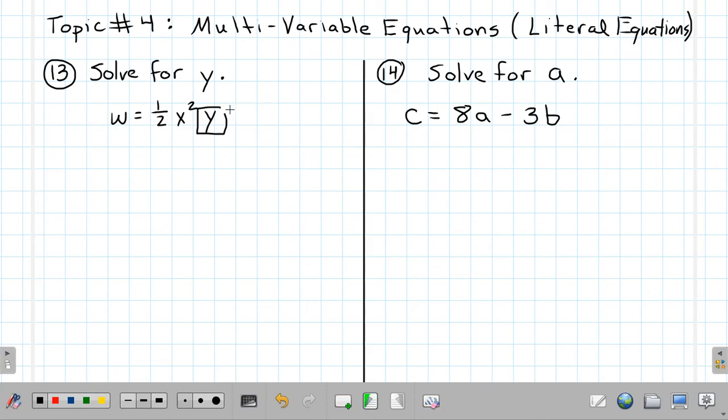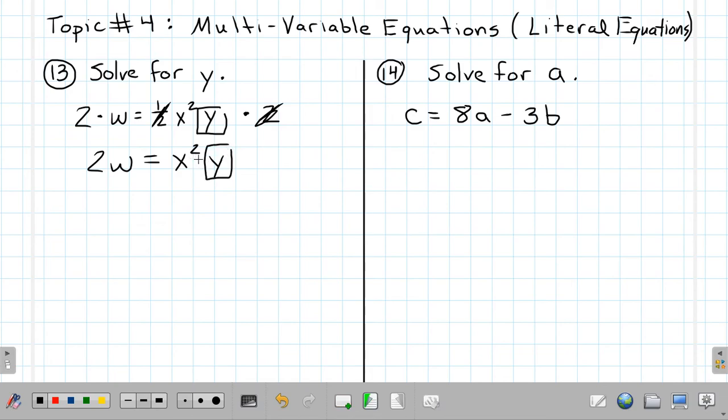So what are we doing to y? Well, we're multiplying it times 1/2, and we're multiplying it times x squared. So first things first, to get rid of this 1/2, we would multiply both sides by 2, or 2 over 1. And that's to get rid of the 1/2. So what's left? x squared y. Well, at the same time, we still want the y.